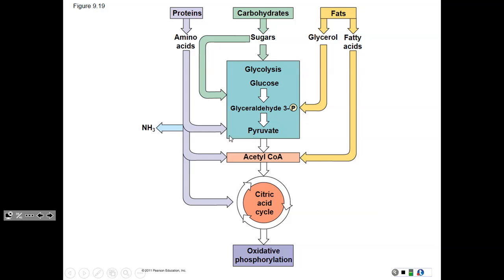Each amino acid will either enter in as pyruvate, it'll get converted into pyruvate or acetyl-CoA, or be directly used in the citric acid cycle. If you get a fat, the fats get broken down and channeled into glycolysis, either as glyceraldehyde 3-phosphate or as acetyl-CoA. Carbohydrates all get converted to glucose or something related to glucose so it can get channeled through this process.